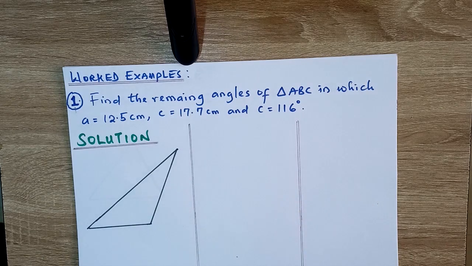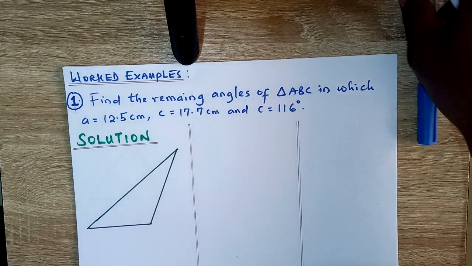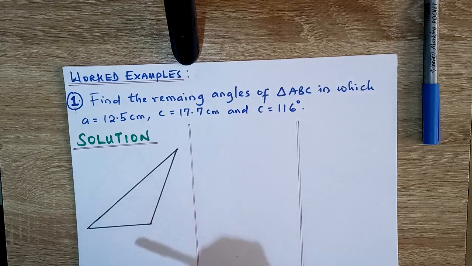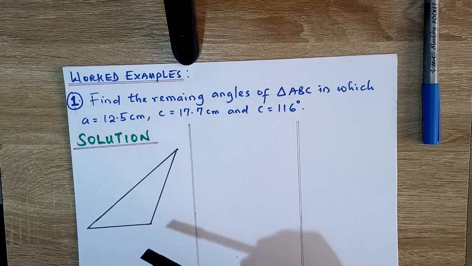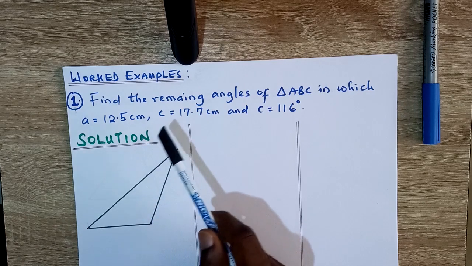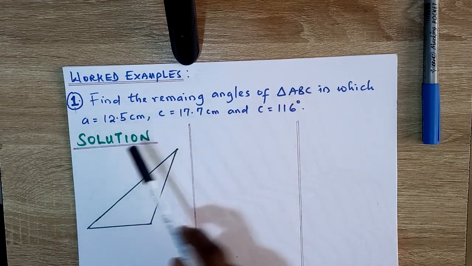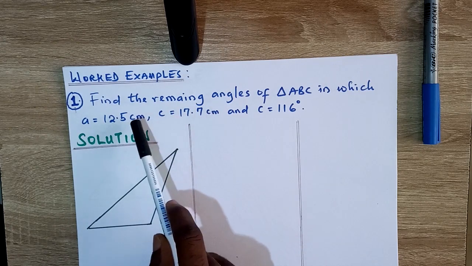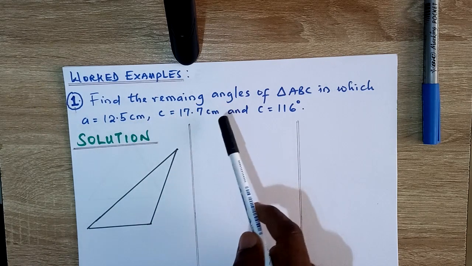Now, before I proceed, I made mention of the fact that in the sine rule, we use the lowercase letter to represent the sides of the triangle, while the uppercase letter is used to represent the angles of the triangle. So irrespective of the way we have the letters written, we can use the unit to denote if we are given the sides or the angles.